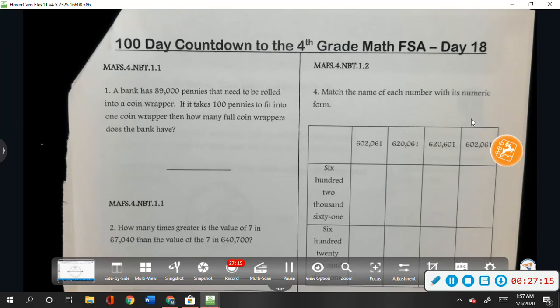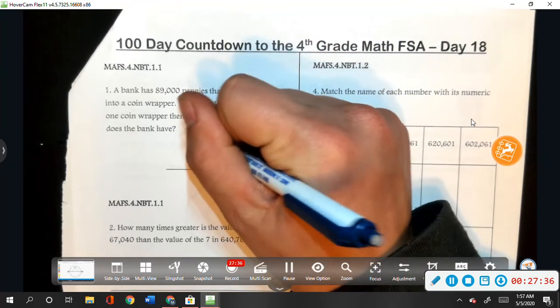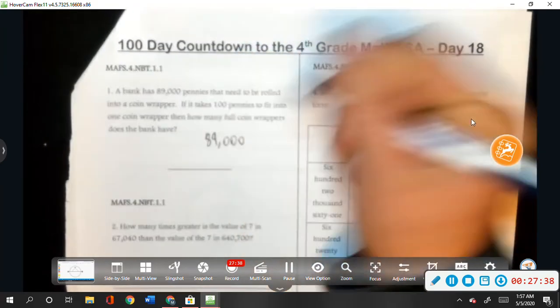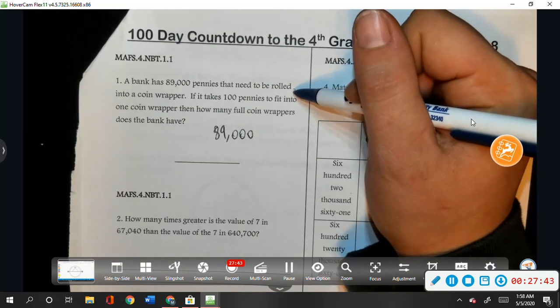All right, so let's do this countdown. Number 1, a bank has 89,000 pennies that need to be rolled into a coin wrapper. If it takes 100 pennies to fit into one coin wrapper, then how many full coin wrappers does the bank have? So they have 89,000 pennies. They need to be rolled. We know how many pennies is in a dollar: 100.